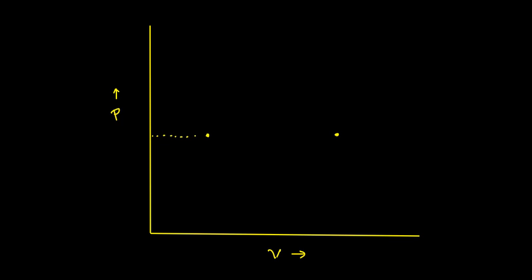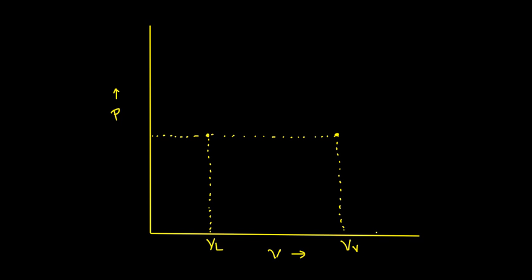At these 2 points the pressure and temperature of the system are equal. Therefore the system is at equilibrium at these 2 points. And if I see the corresponding volumes, this is VL, which is smaller than VV. Here VL stands for volume of liquid, VV stands for the volume of vapor.